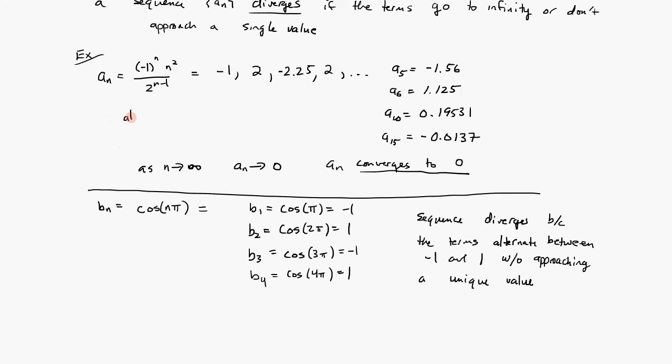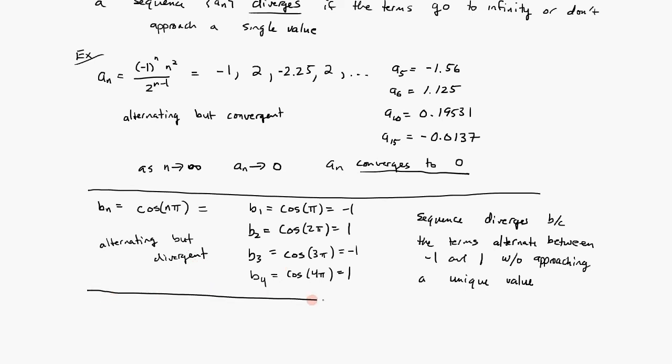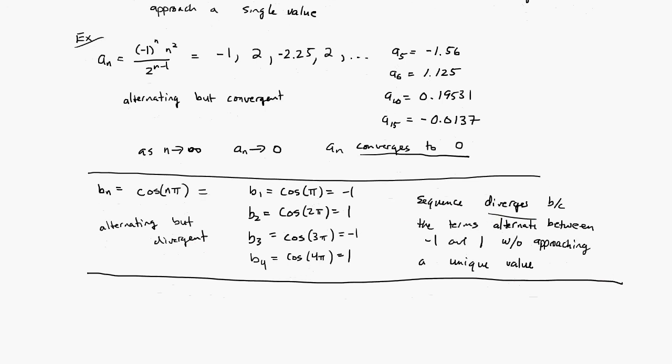But the first example is alternating but convergent, and this second example is alternating but divergent. The second sequence diverges because it doesn't approach a unique value.